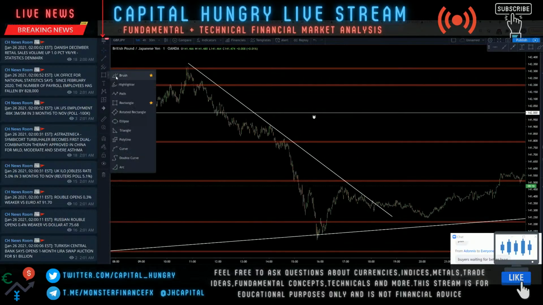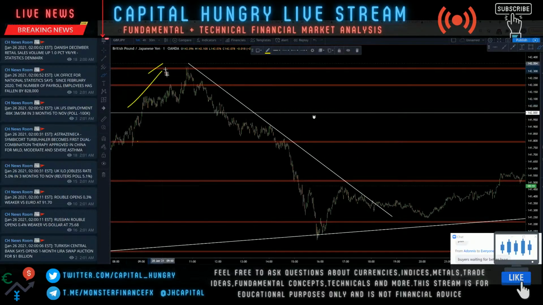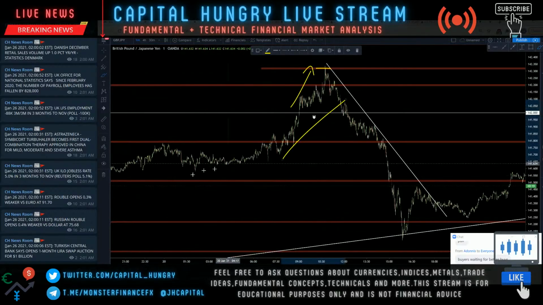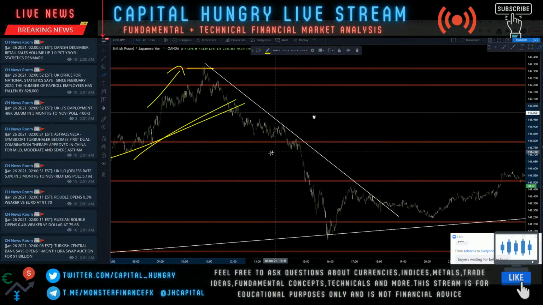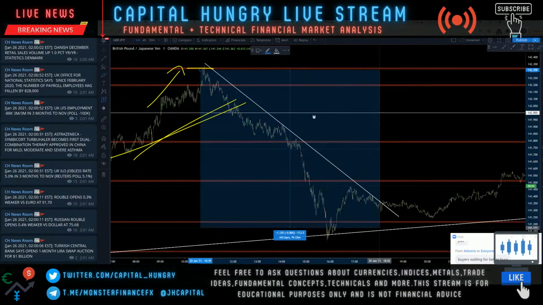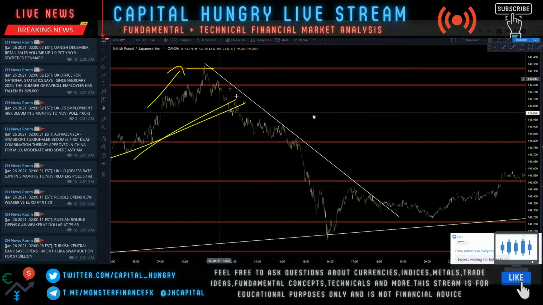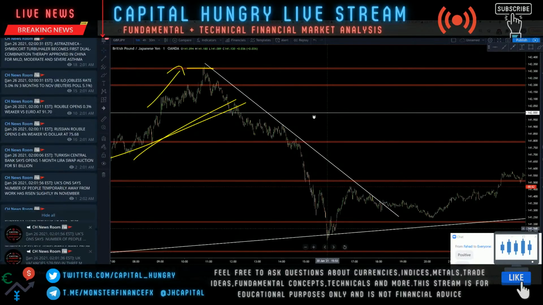See how GBP buyers pushed up to the intraday highs, failed to break. You got a break of this lower time frame bullish market structure, and then, even though it's not long, for an extended period of like 8 to 10 hours, you had this pullback structure and sellers in control all the way down to 141.2.